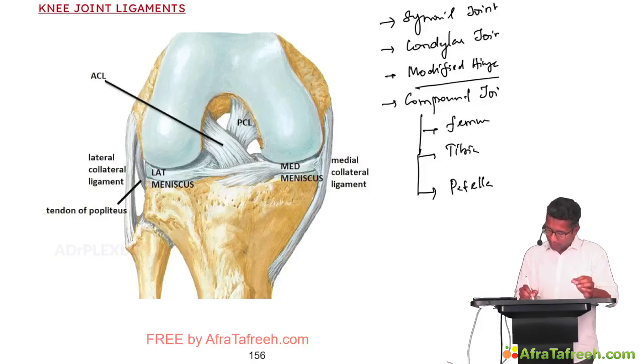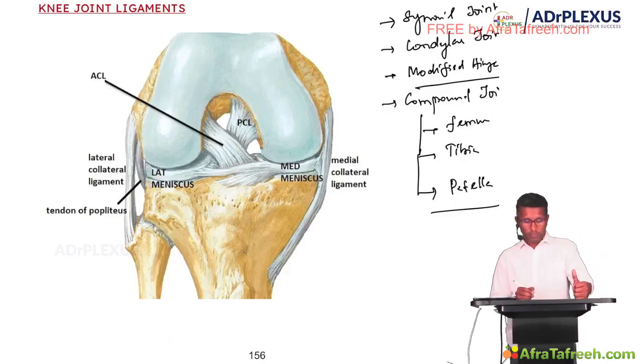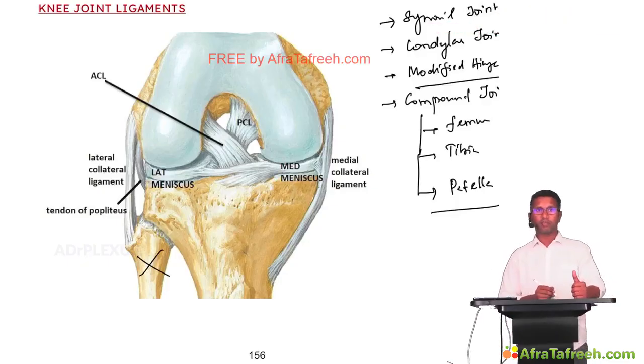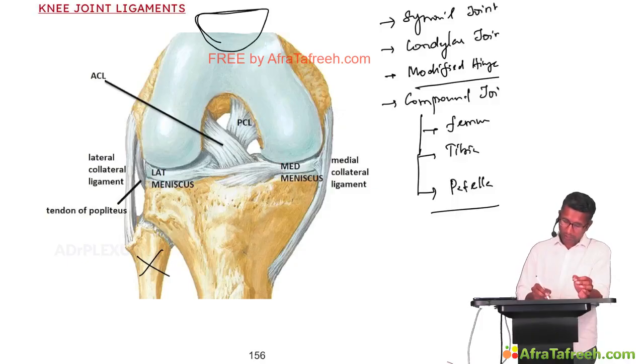The three bones which articulate in the knee joint are the distal femur, the proximal tibia, and the patella. Please remember, guys, fibula is not a part of knee joint. Though you see the fibula here, it is not a part of knee joint. You have to see, or you have to draw, the patella here. Patella is a part of the knee joint.